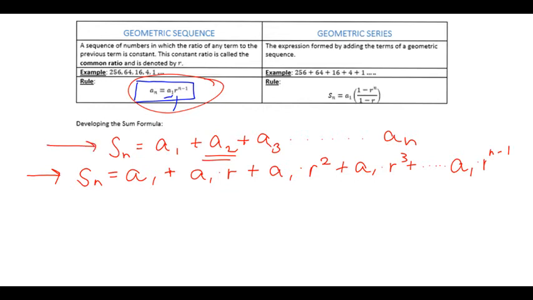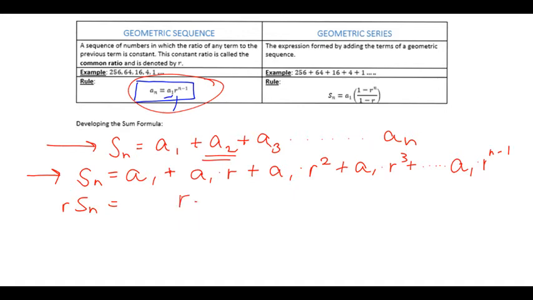So what I'm going to do to this formula, that last line that I have, is multiply every single term by r. So r times S sub n, r being the common ratio, and then r times a sub 1, and I'm just going to offset it a little bit so you see.